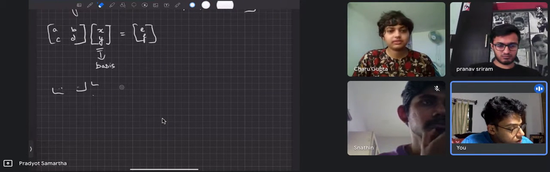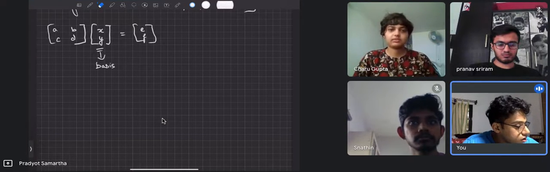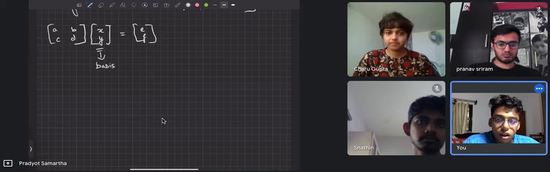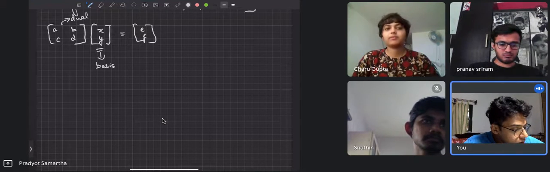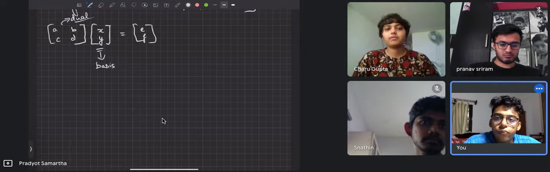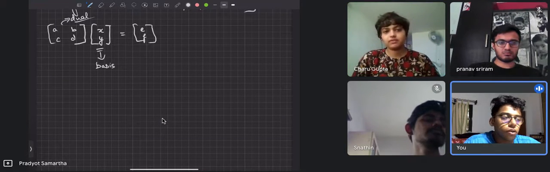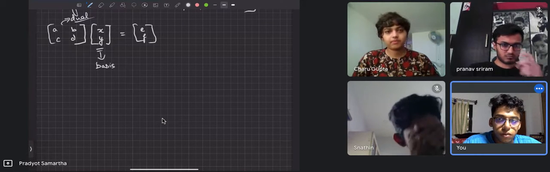Anyways, the essential idea that I'm trying to talk about is that when you have this as the basis, this set of coefficients here becomes your dual basis. The space of the coefficients becomes your dual basis.